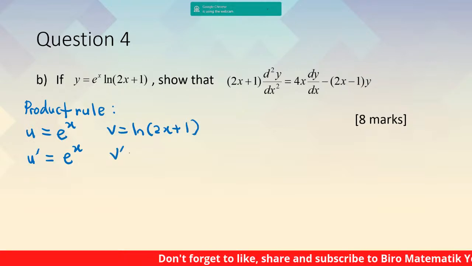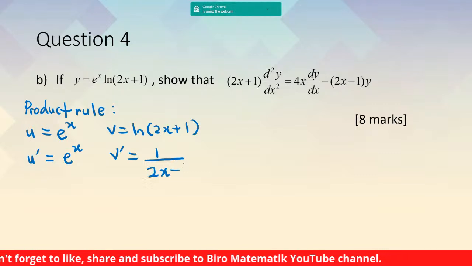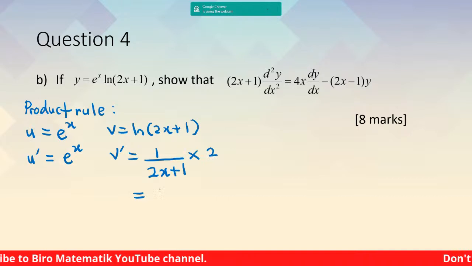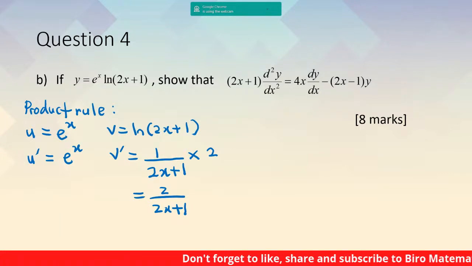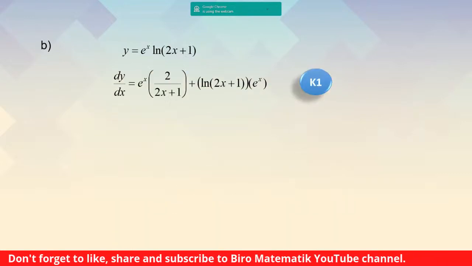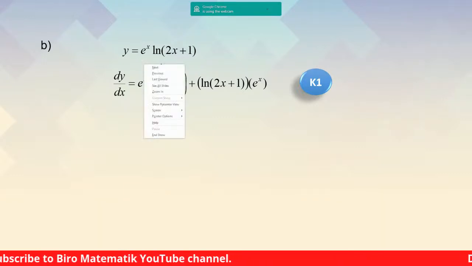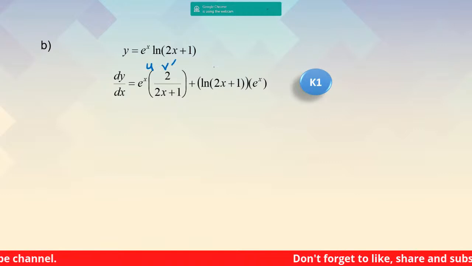Differentiate ln: 1 over the function, then differentiate the function, 2. So 2 over 2x plus 1. Then substitute into the formula, product rule: u v prime plus v u prime.